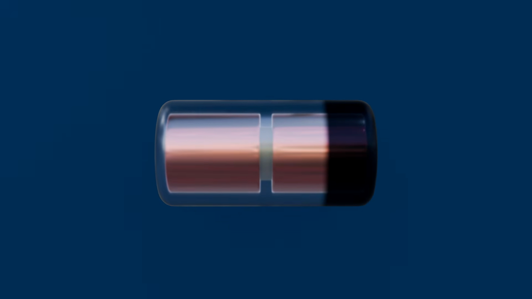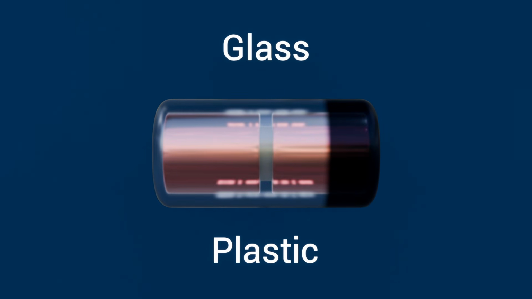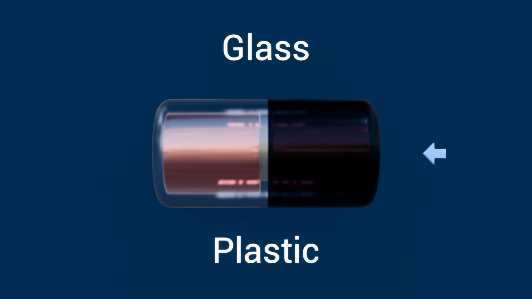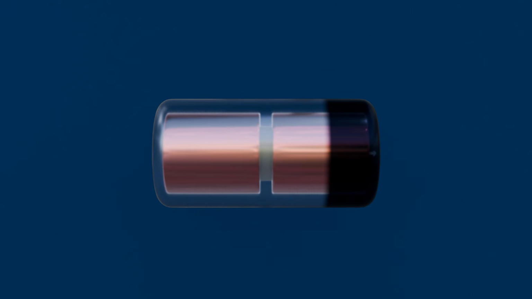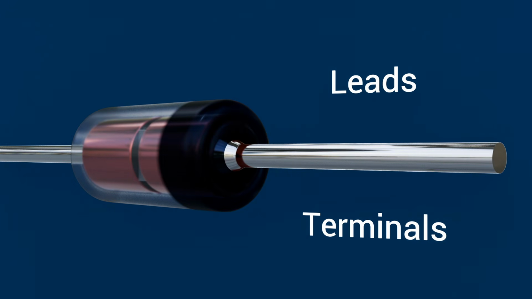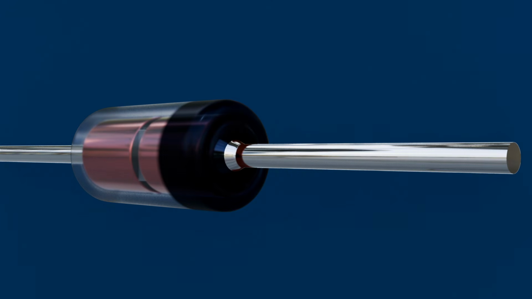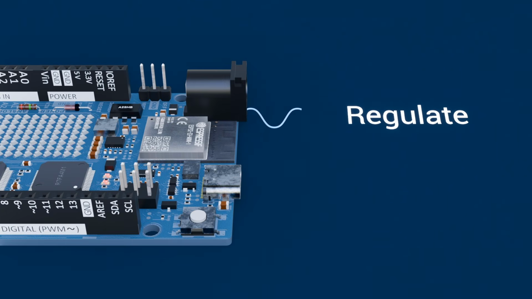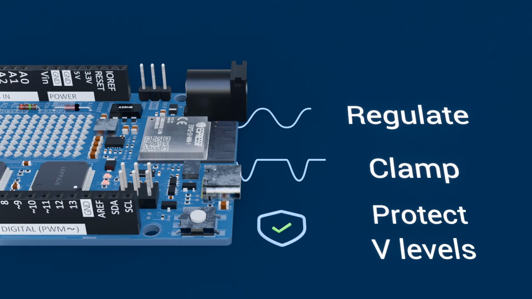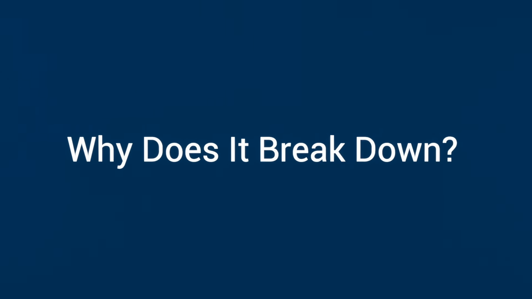Zener diodes are commonly housed in small glass or plastic packages, often marked with a stripe to clearly indicate the cathode. Finally, the leads or terminals extend from the package, providing a way to mount the Zener diode onto a circuit board and connect it into a circuit where it can regulate, clamp, or protect voltage levels. Why does it break down?